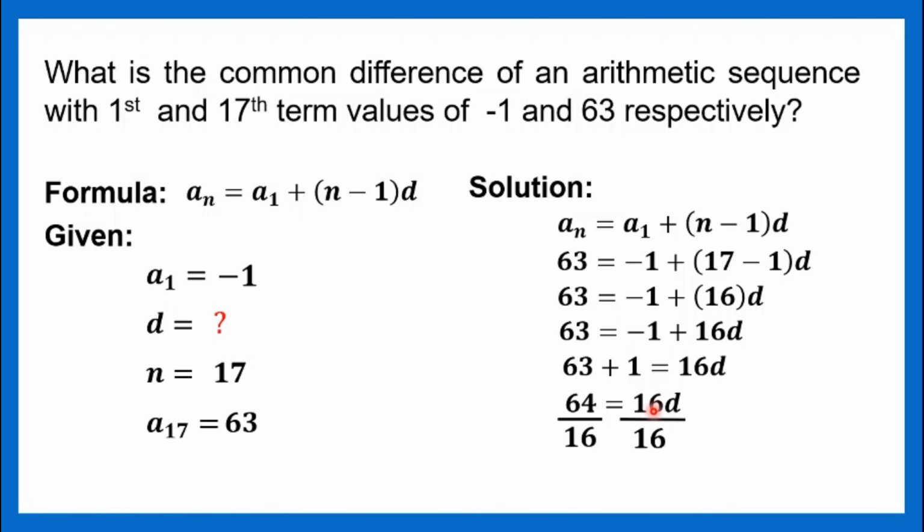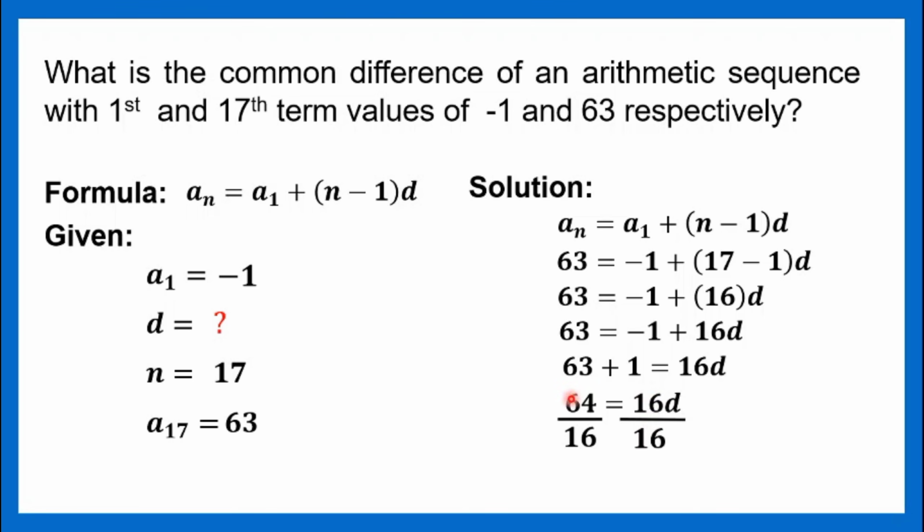Ang goal kasi natin, maging 1 yung katabi ng variable, para variable na lang yung matitira. Kung ito ay -16, of course, dapat ang divisor natin ay -16 din. Pati yung sign, dapat kakopyahin natin para maging +1 yung katabi ng variable. Ganun po ang concept ng MPE.